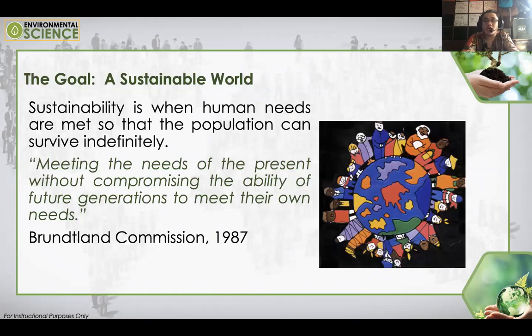So again, the goal of environmental science is a sustainable world. Sustainability is when human needs are met so that population can survive indefinitely. But sustainability is also meeting the needs of the present without compromising the ability of future generations to meet their own needs.